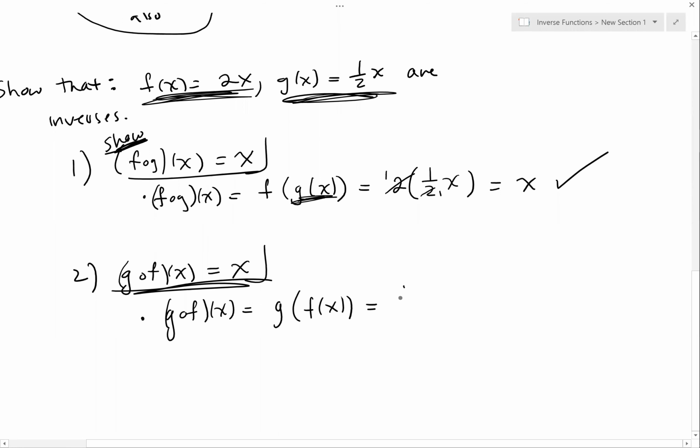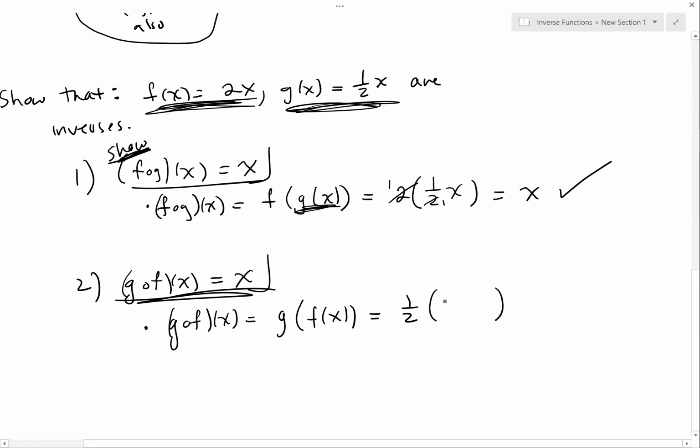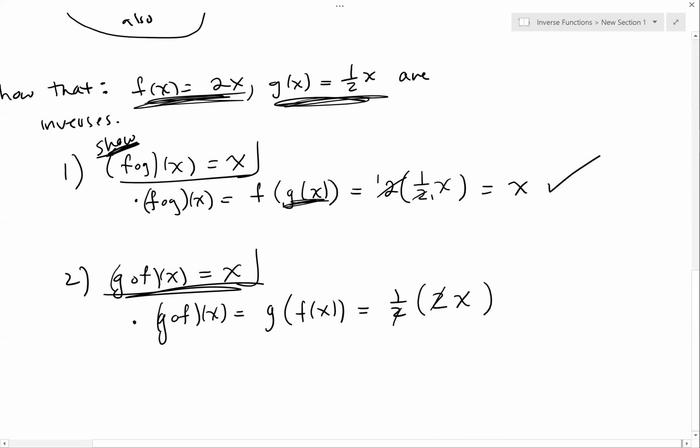So g is going to take 1/2 of whatever is plugged in. In this case, we're plugging in the expression for f of x, so that's going to be 2 times x. And it's kind of the same thing, but in the reverse order: the 2 in the numerator in the parentheses and the 2 in the denominator outside the parentheses will cancel, and we'll just be left with x.